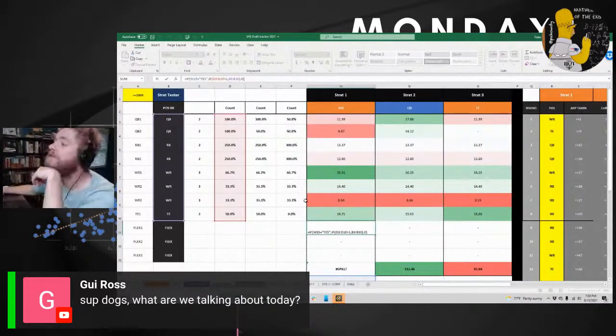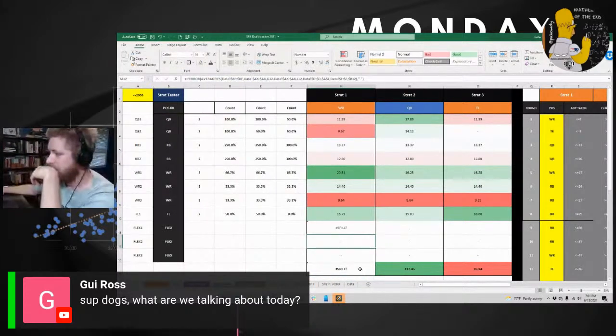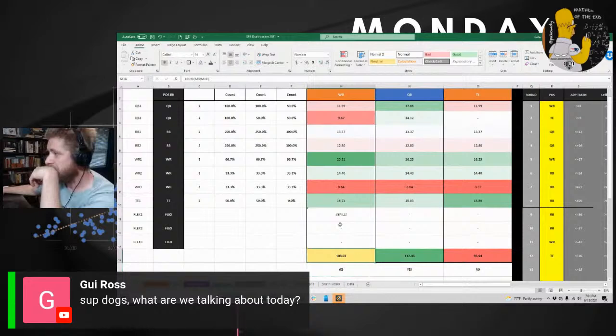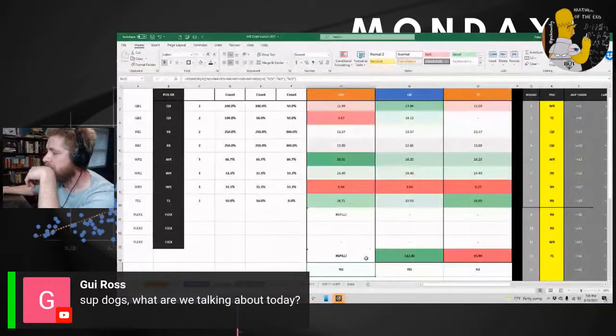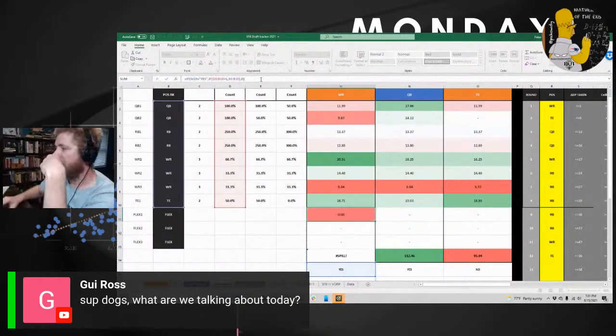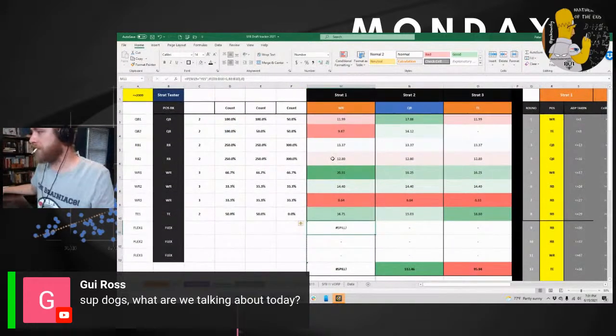I'm trying to find a way to get it to figure out who's the first flex spot in a draft strategy. I can't think of a way of doing that right now. Could just do it by default.